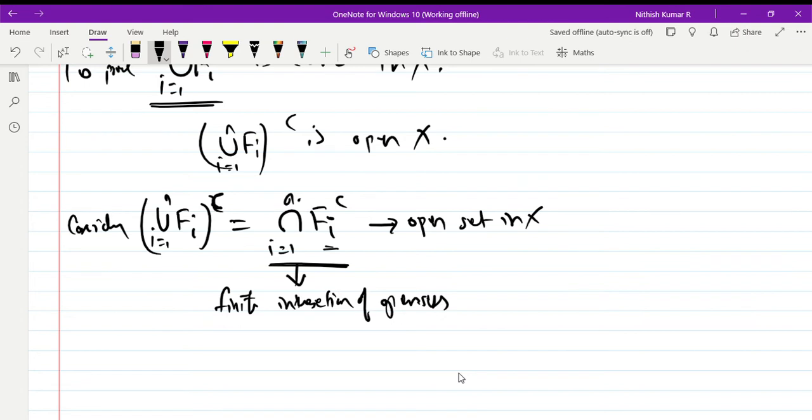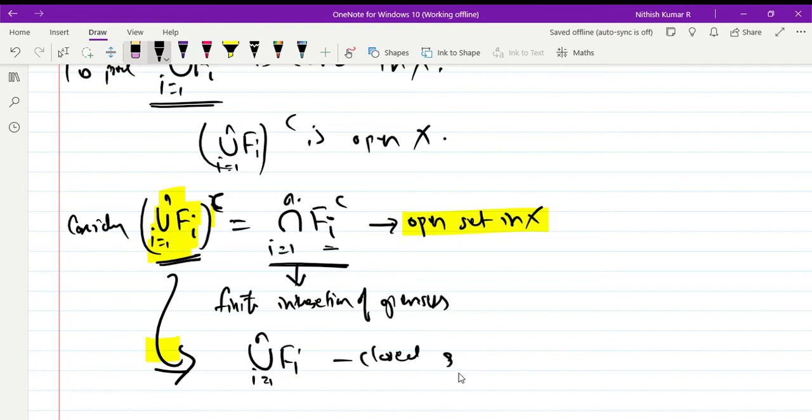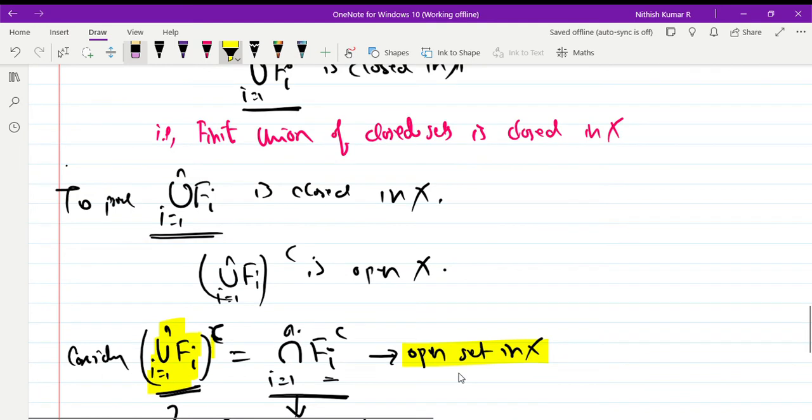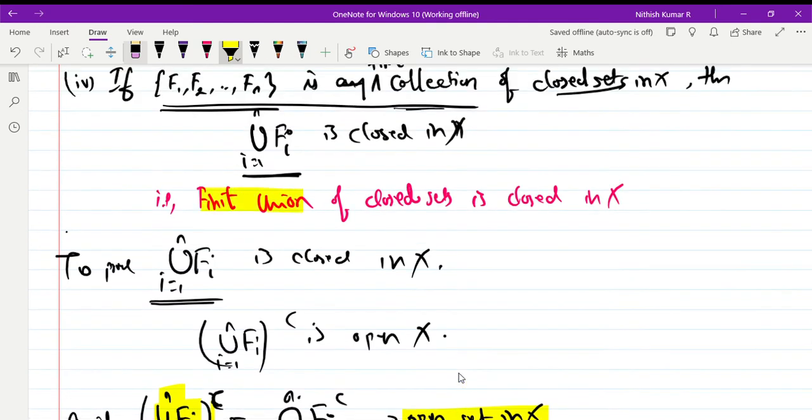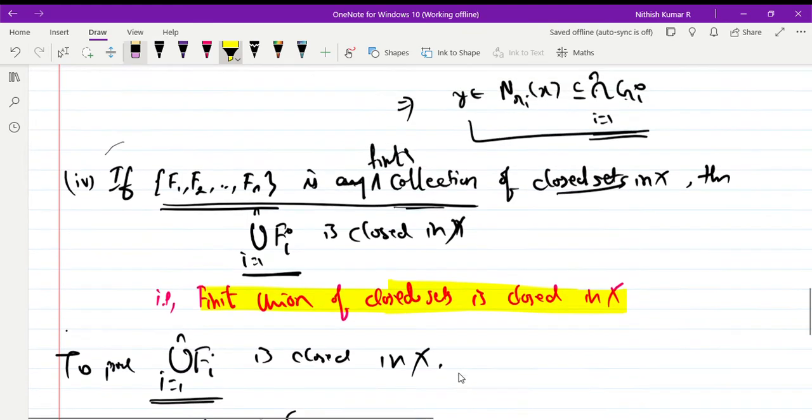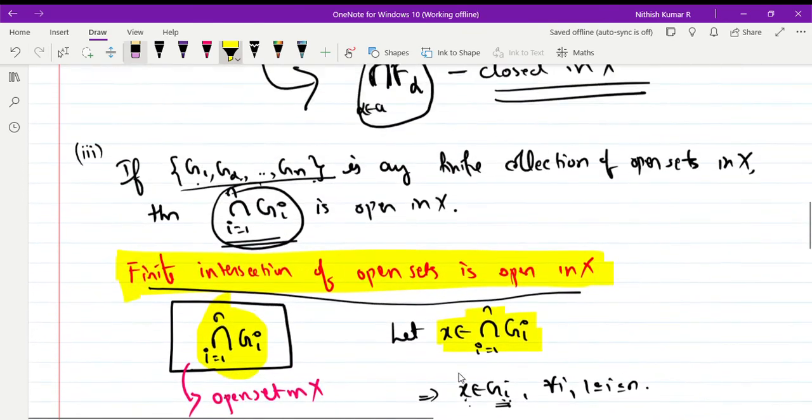So the complement of the union of Fi, i ranges from 1 to n, is an open set, which implies the union of Fi, i ranges from 1 to n, is a closed set in X. Therefore, a finite union of closed sets is a closed set in X. So let us recall the four results.